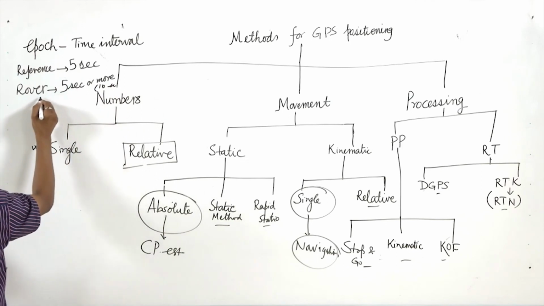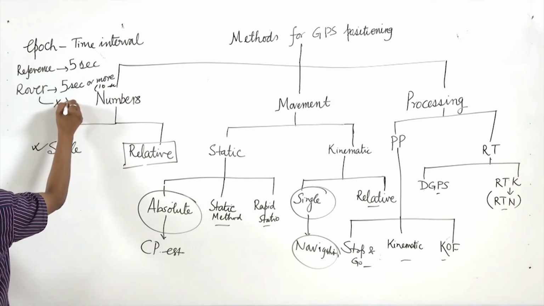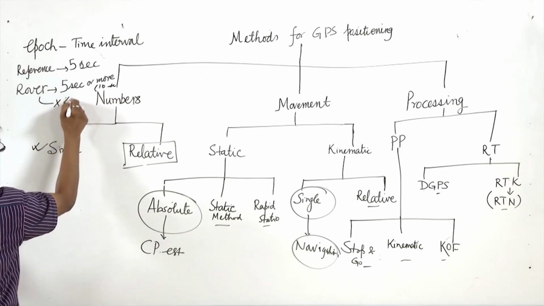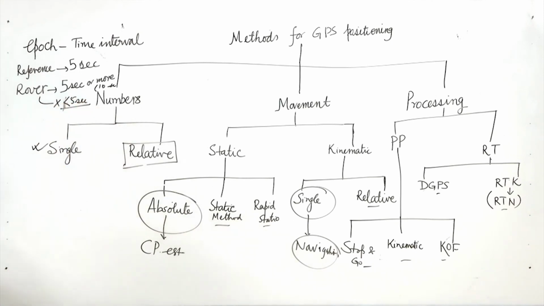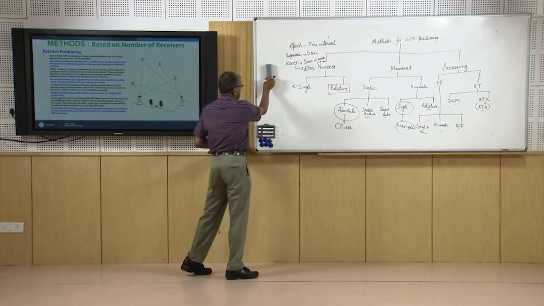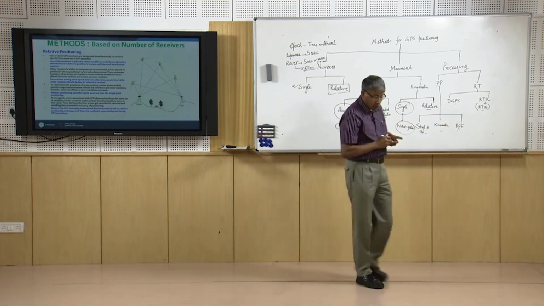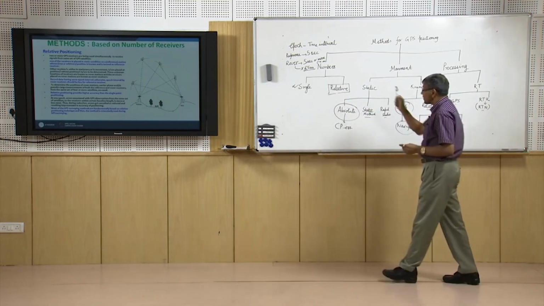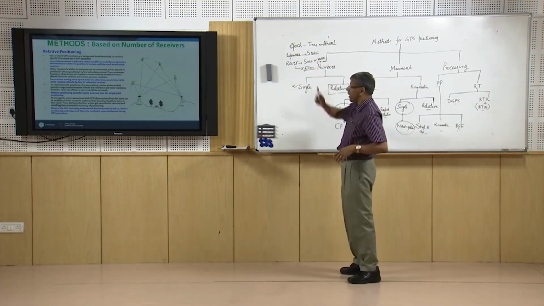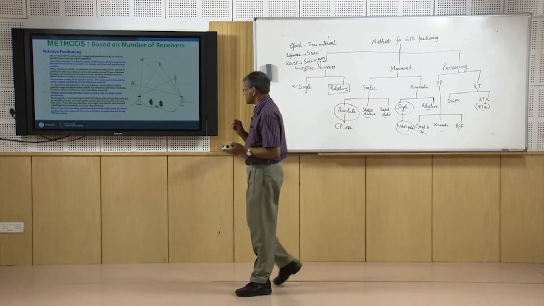It cannot be less than 5 seconds. So the epoch of the rover receiver should be equal to or more than what we have for the reference receiver.